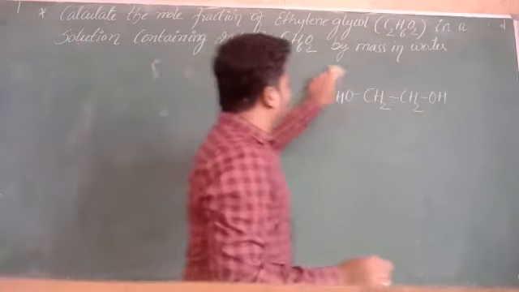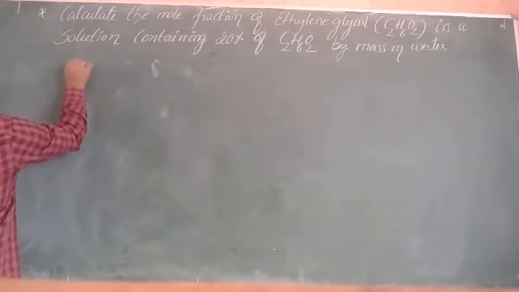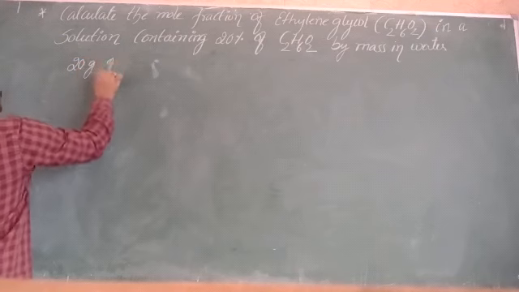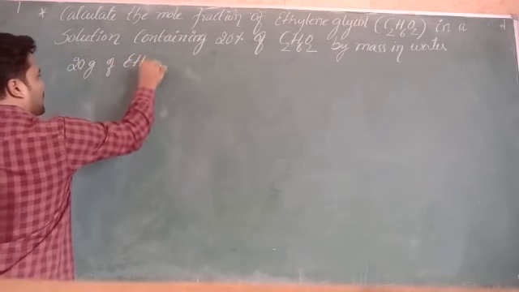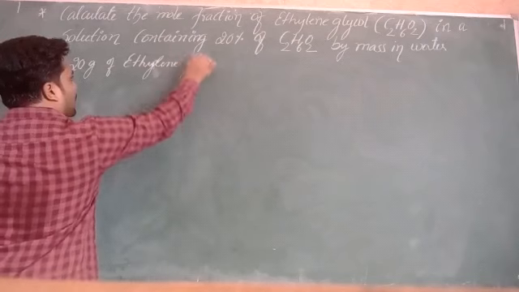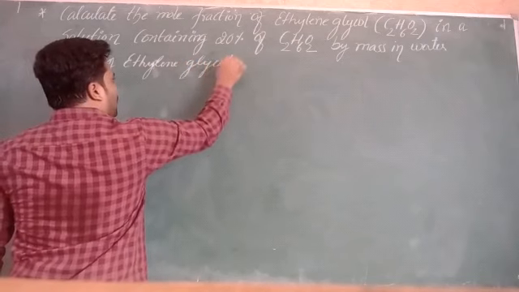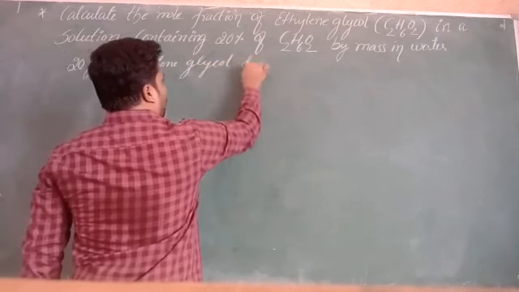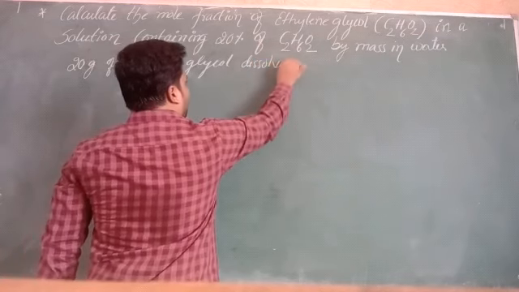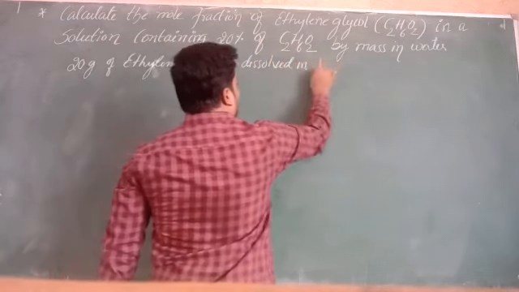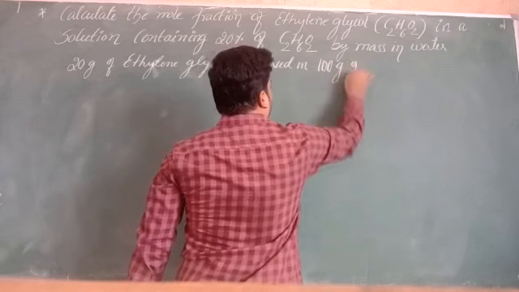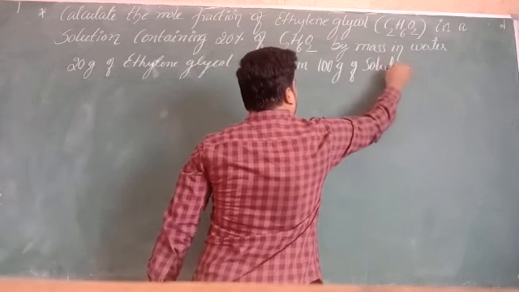See, before going to this one, let's see this percentage. 20 gram of ethylene glycol dissolved in 100 gram of solution.